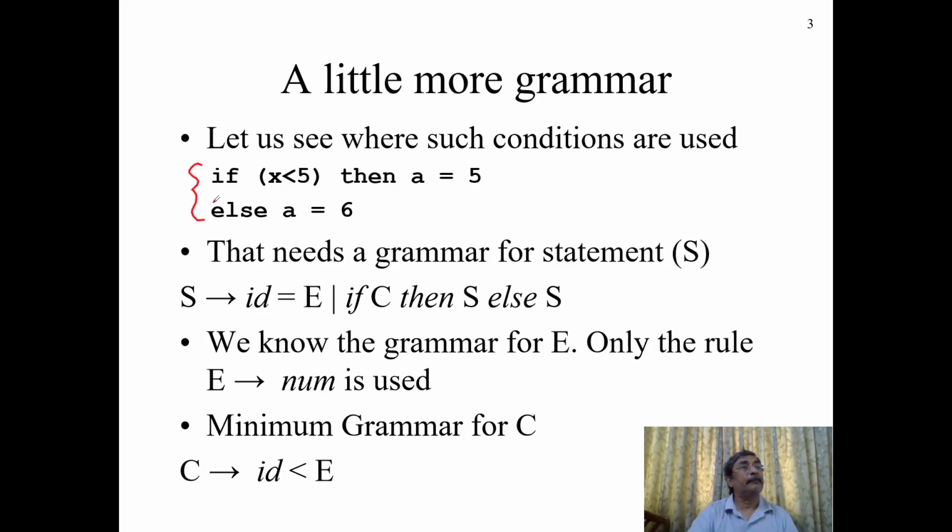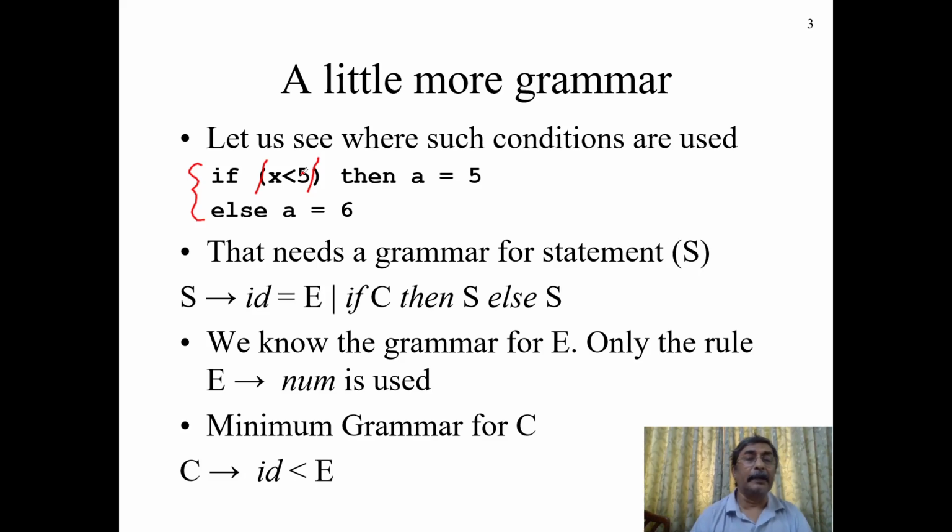Also, for the sake of simplicity, these brackets will not be there because our grammar will not have that. So if x less than 5, then assign 5 to A, else assign 6 to A. This is the standard sentence that I will be using.